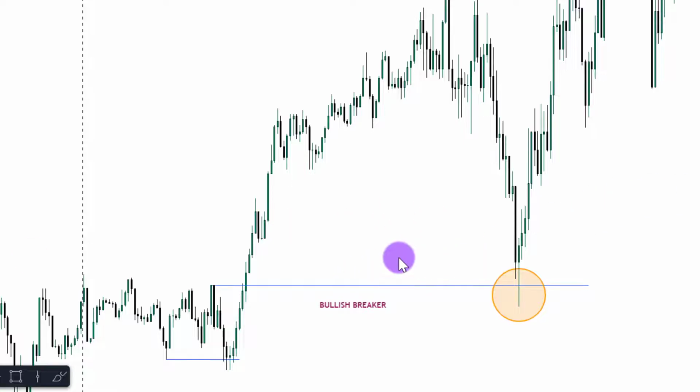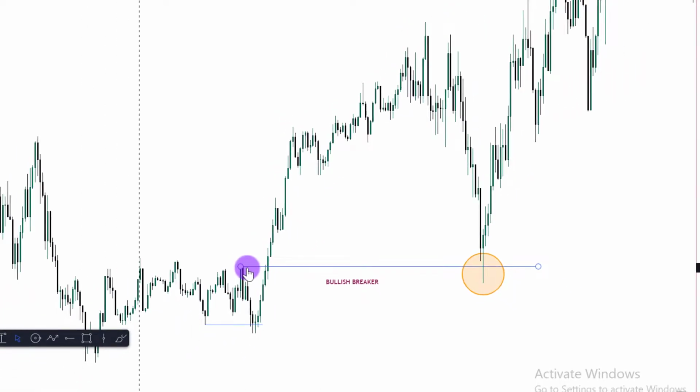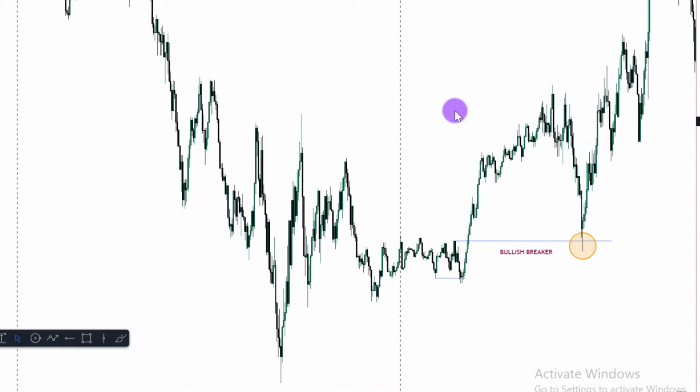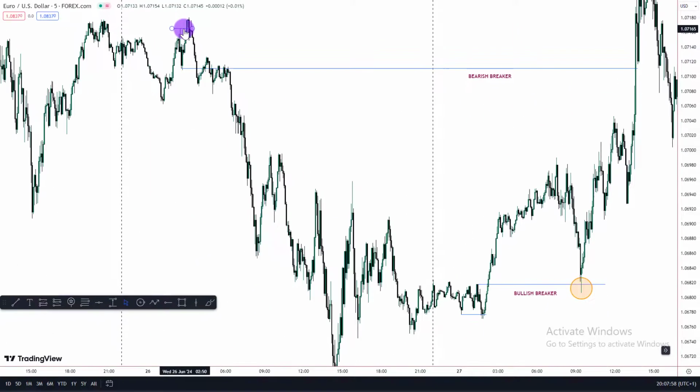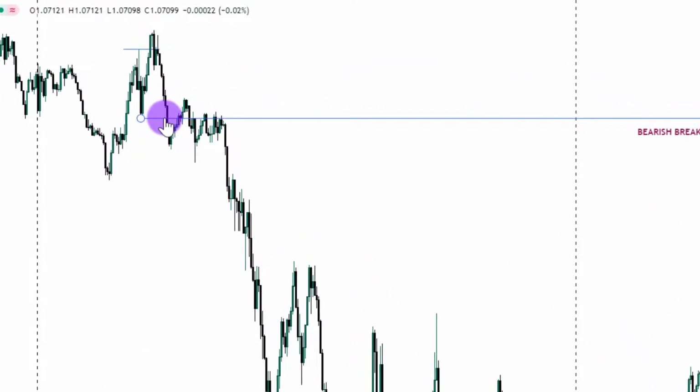So now we have a bullish breaker. If I was seeing this at the start of London session, that is 7 a.m., I see that there's a bullish breaker below, and there is a bearish breaker right above. You see, price action took liquidity above, shift of market structure bearish here. That is a bearish breaker.